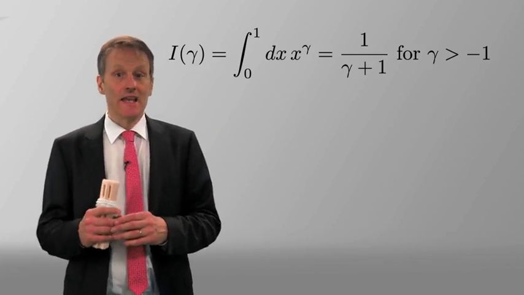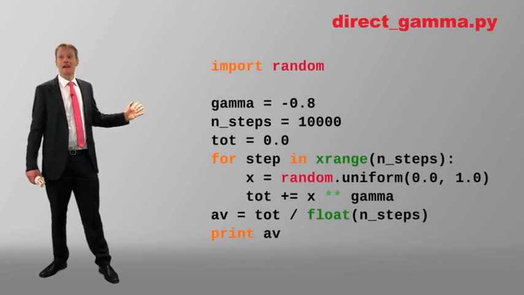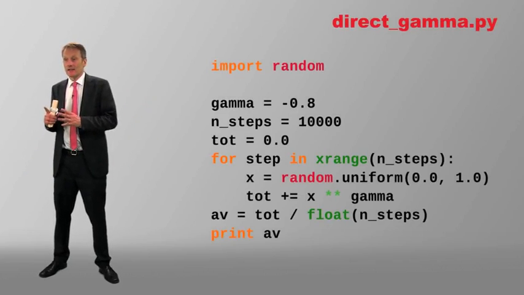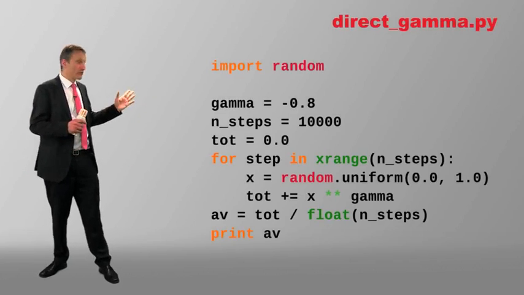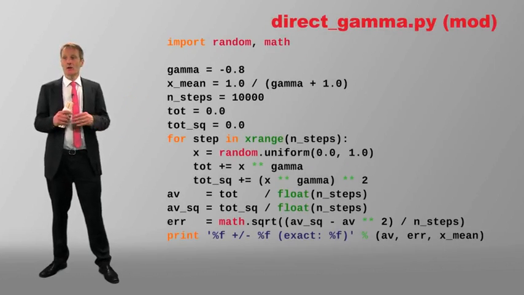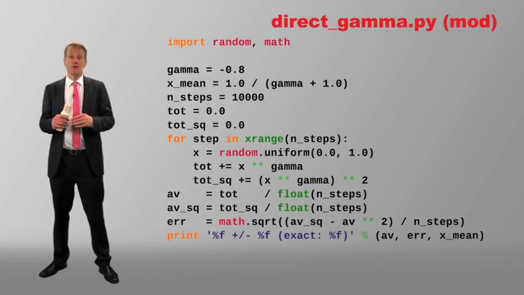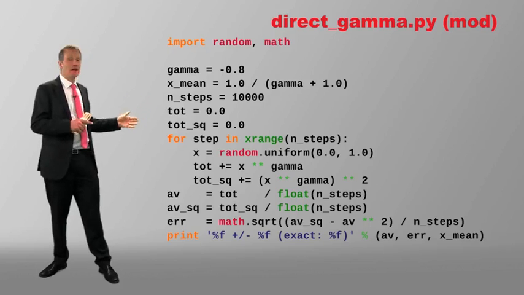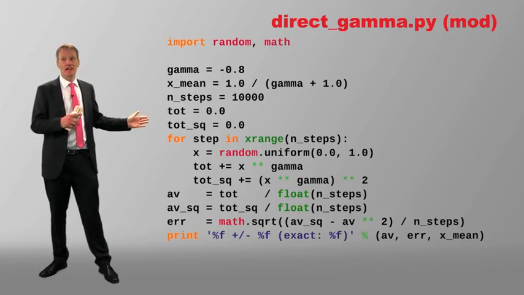This is done in the program directgamma.py. And we are adding a few lines to do the error analysis. We compute the mean value, we compute the mean square value, and afterwards we output the value of the gamma integral plus minus the error.